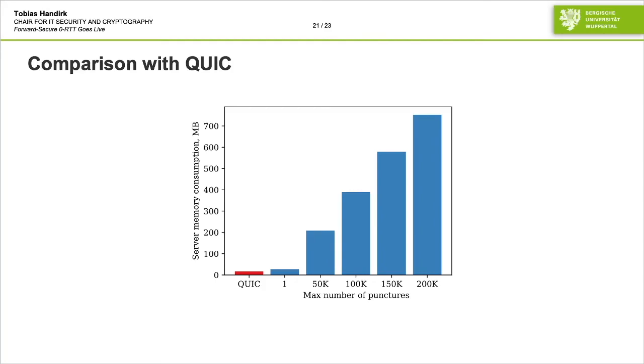As we increase the number of punctures, we can clearly see that the memory usage scales linearly with the maximum number of punctures and reaches about 750 megabytes for 200,000 punctures. If we fix the maximum number of punctures and instead vary the failure probability bound, the memory consumption would grow logarithmically in the failure probability bound.